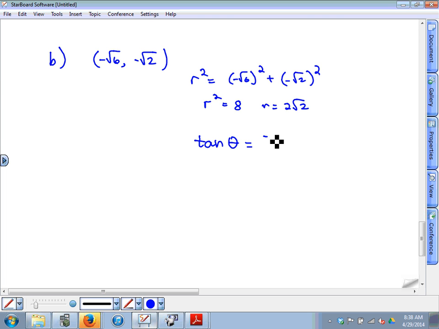If you just follow the formula, you're going to get negative square root of 2 over negative square root of 6, which is negative divided by negative is positive, right? So tangent of theta is the square root of 2 over the square root of 6. If we just took the inverse tangent of this, what do we get?